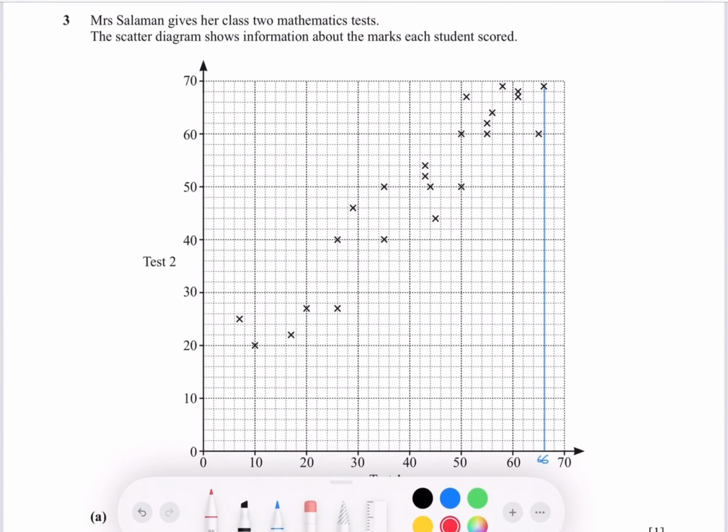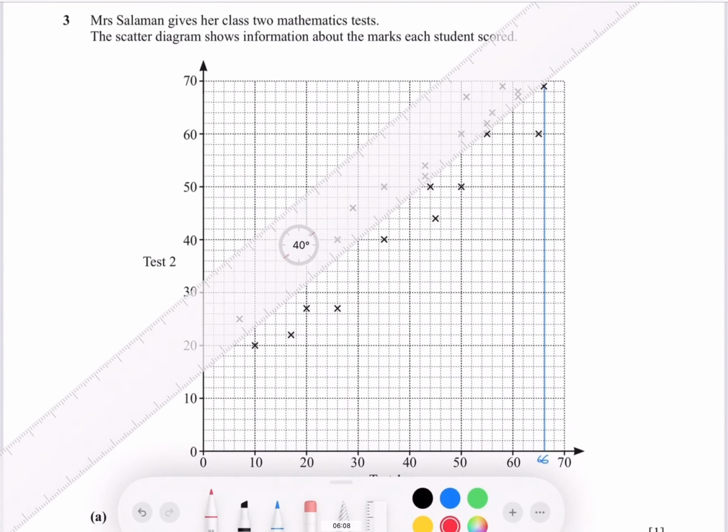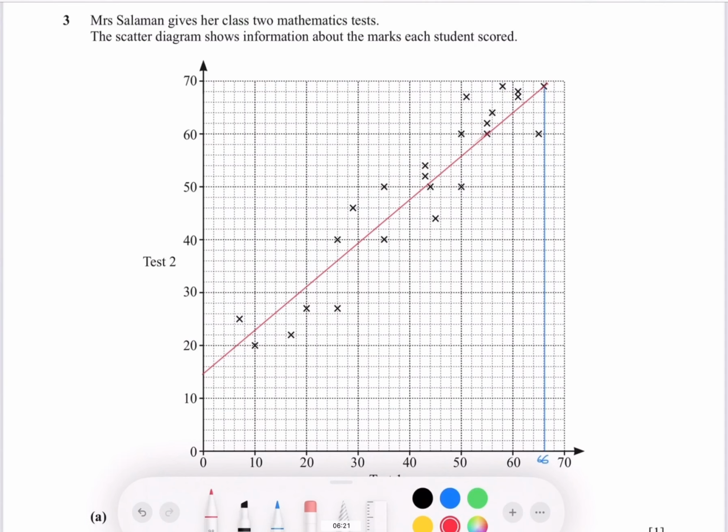So you have to take the ruler and draw the line of best fit. It may be different for different students, so the examiner does not mind this. You try your best to draw the line between these given markings.